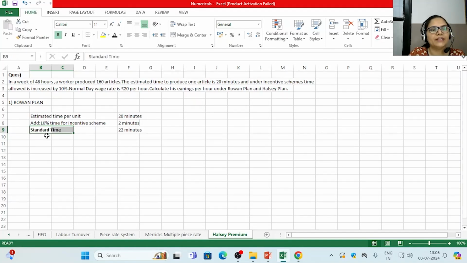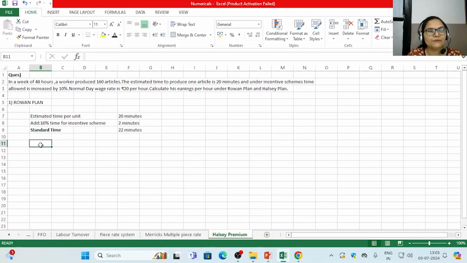For calculating any kind of earnings in case of wage system, first we should assure what our standard time is. In this case, our estimated time is given as 20 minutes and we need to add 10% extra for incentive scheme, which is 2 minutes. So this is standard time, which is 22 minutes.